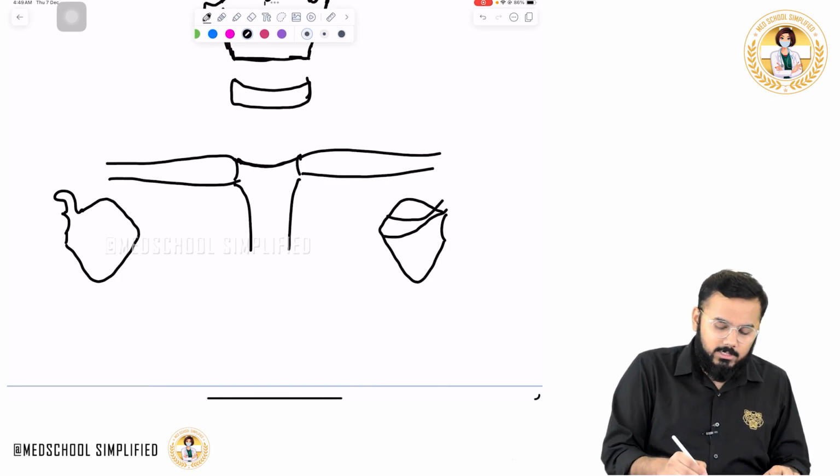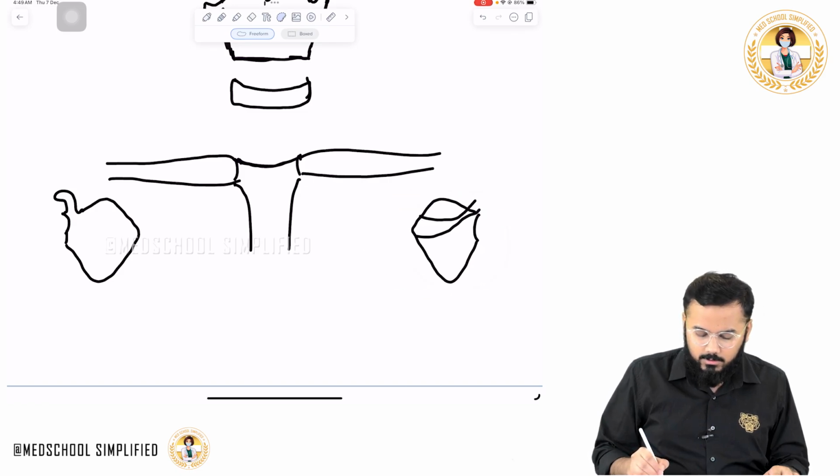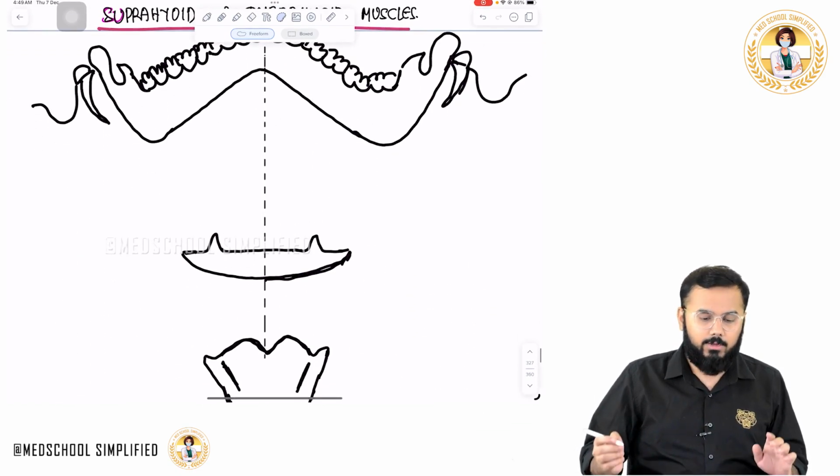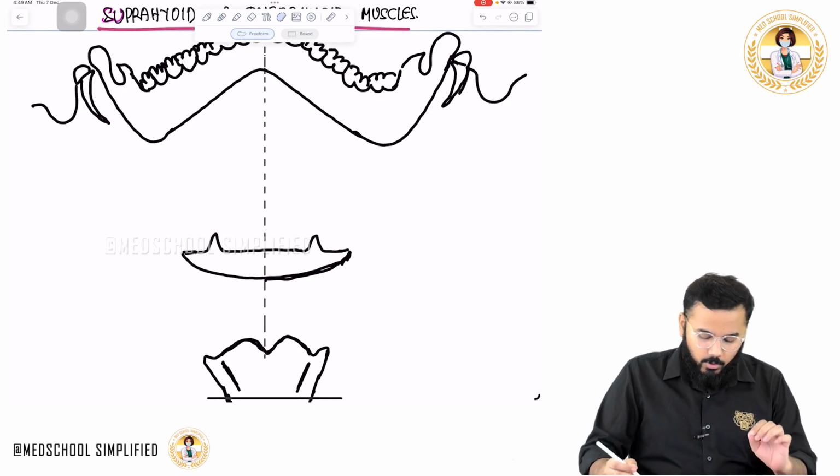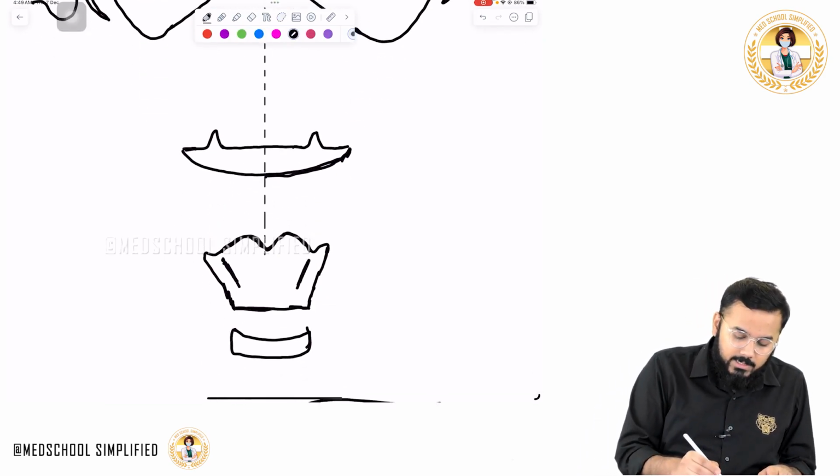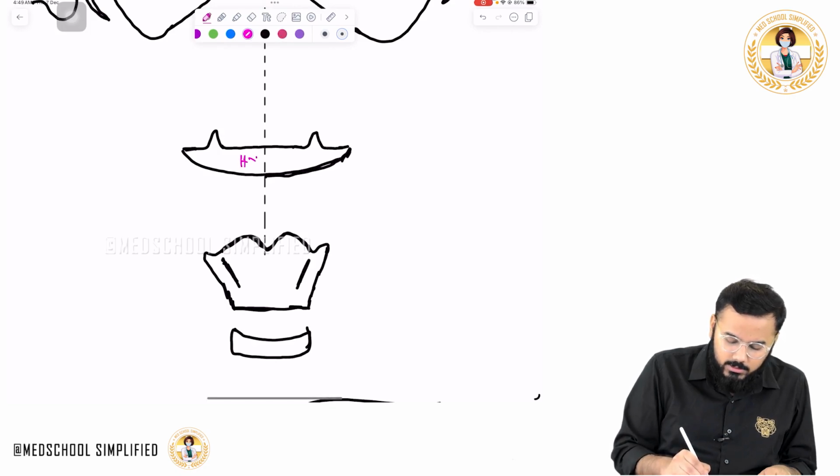So this is just a rough picture of the structures which I wanted to draw. Now the first important thing is, what is our basis? Our basis is nothing but the hyoid bone. Where is the hyoid bone? This is your hyoid bone.